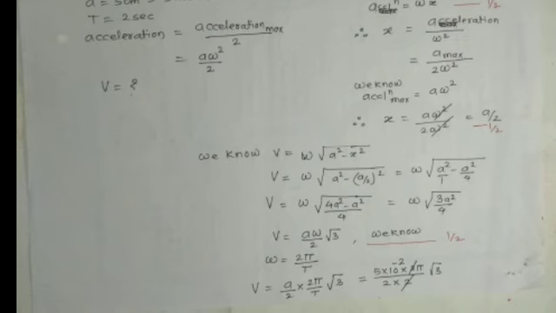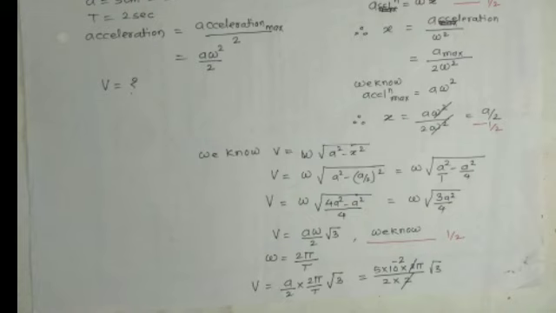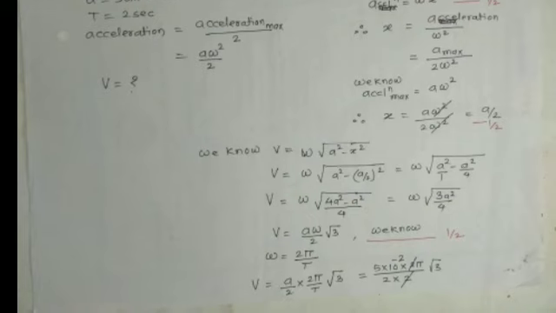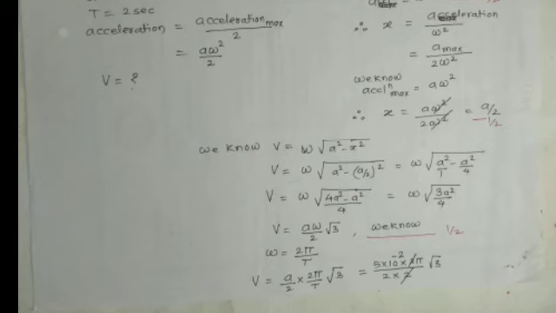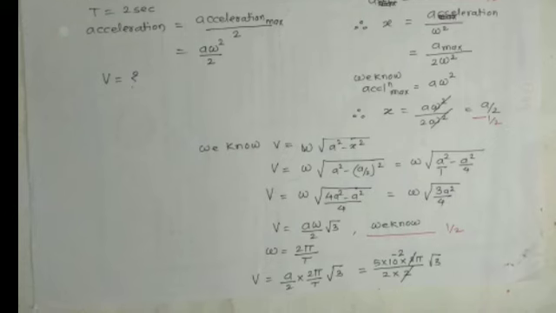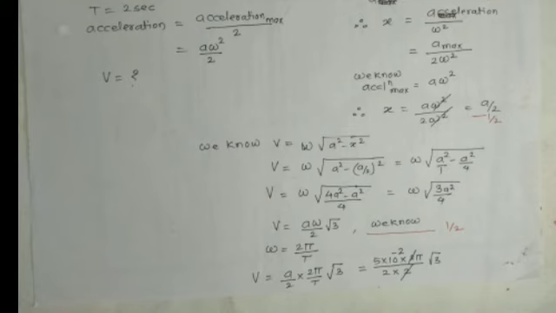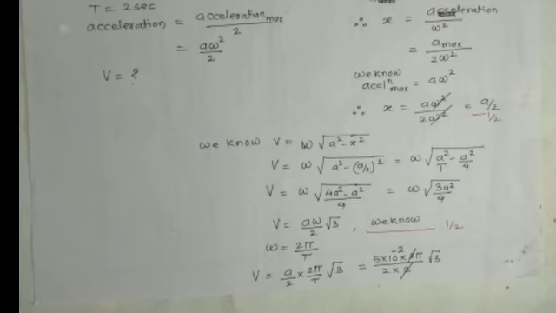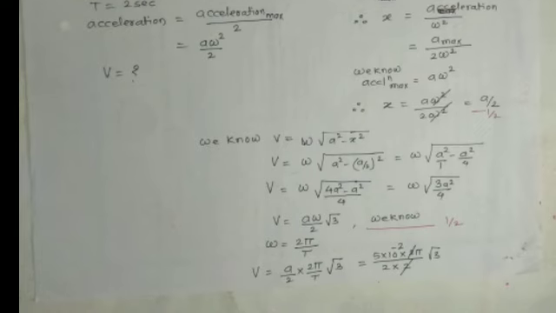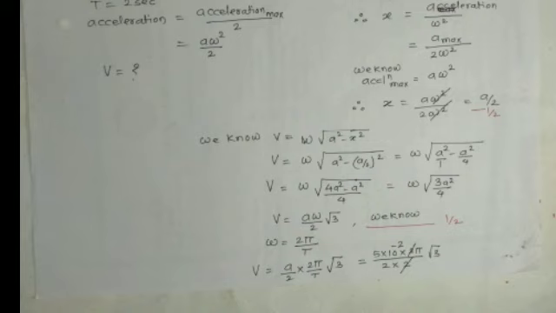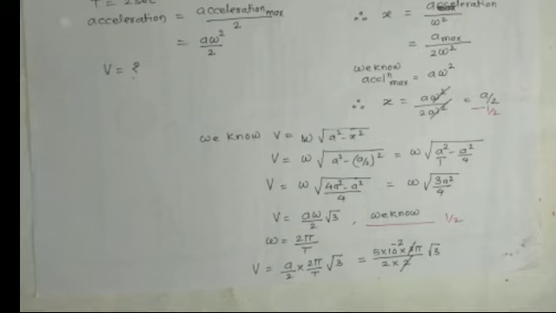We know that ω equal to 2π upon capital T. So v becomes v equal to a/2 multiplied by 2π/T square root of 3, which is equal to 5 into 10 raised to minus 2 multiplied by 2π into square root of 3 upon 2 into 2. 2 gets cancelled.